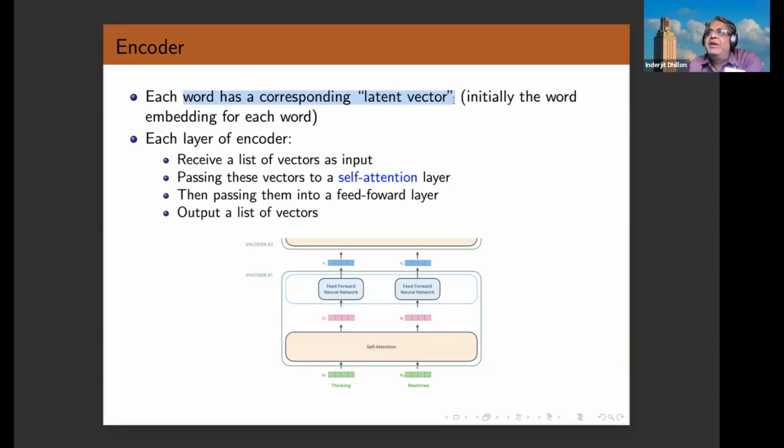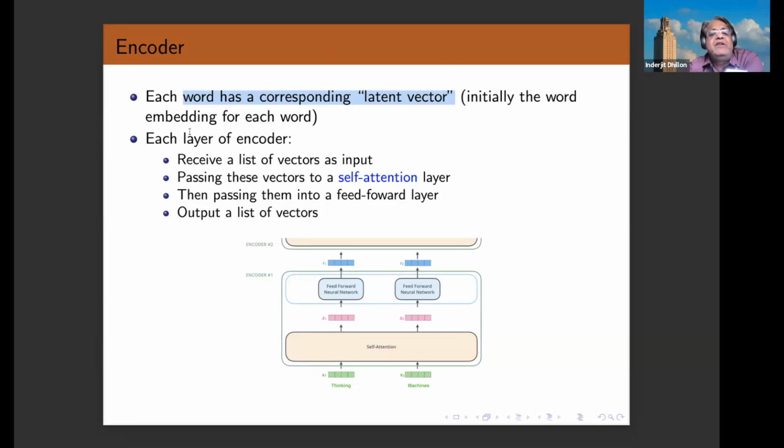Remember that even in LSTMs, we have a word embedding matrix for each word. Similarly, at the bottom layer, there will be a word embedding for each token or word. And that'll be the input embedding, and then it'll keep on being transformed from one vector to another.